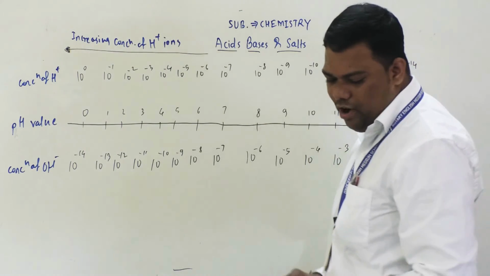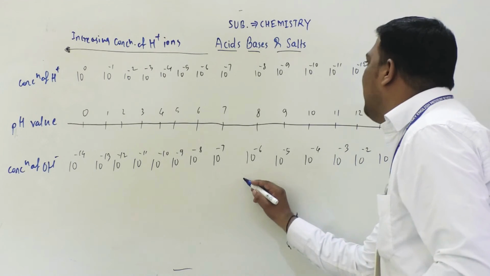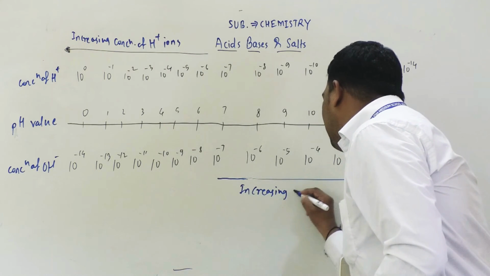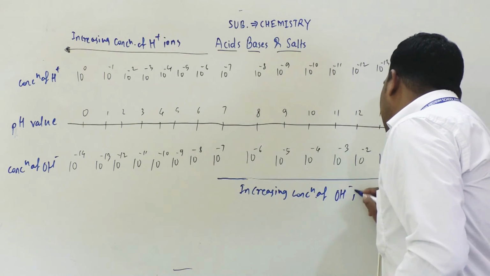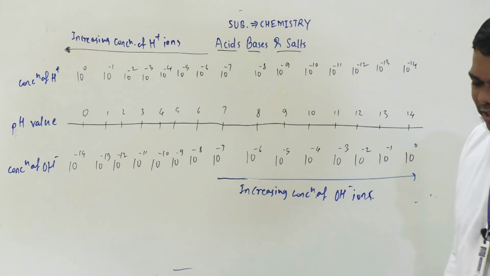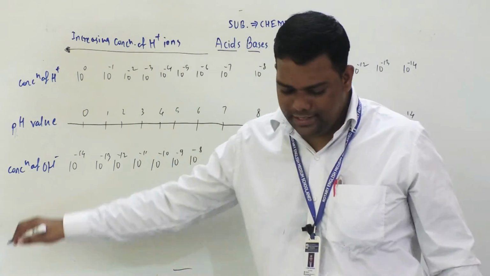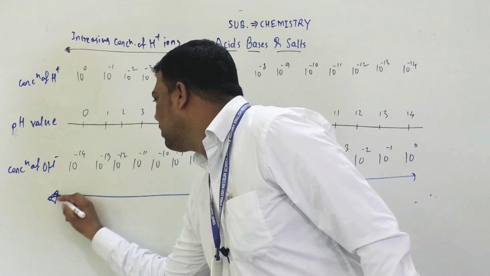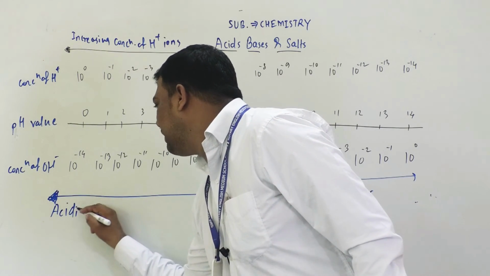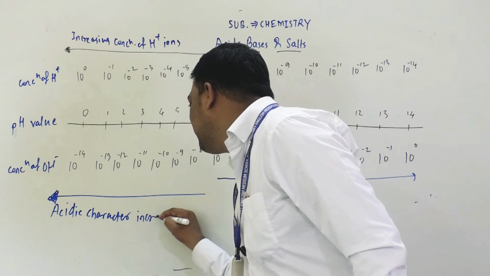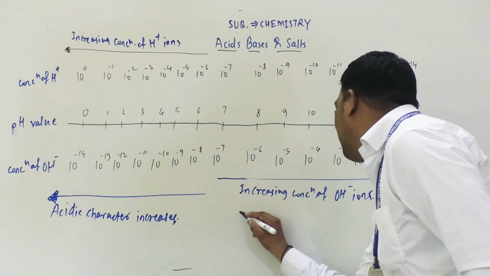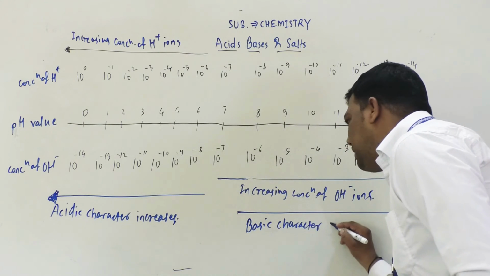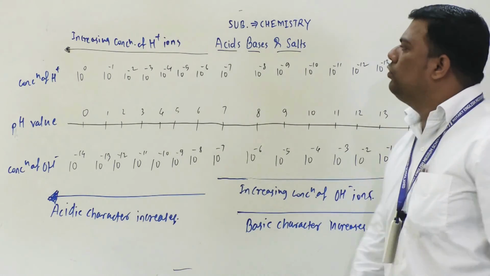We can call this increasing concentration of OH minus ions. Very important here: we can also write that acidic character increases on one side and basic character increases on the other. Understood?